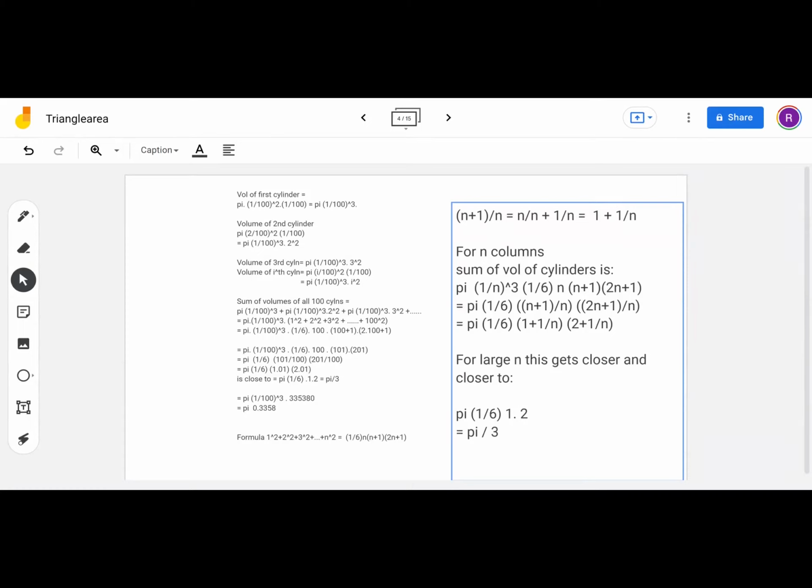And why did we put that? I'm saying when we put that 1/6 into n into n plus 1 into 2n plus 1, this part is the formula for what? The sum of consecutive square numbers. Exactly. This is 1 squared plus 2 squared till n squared.